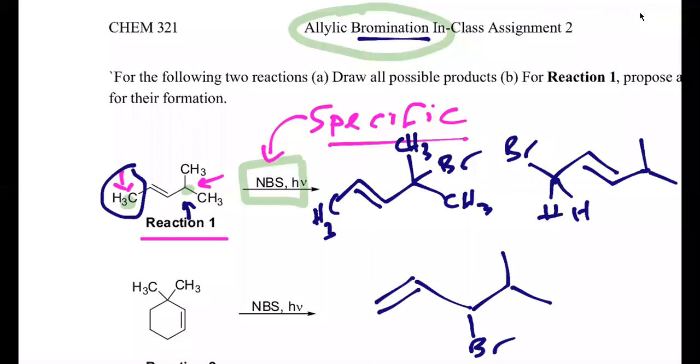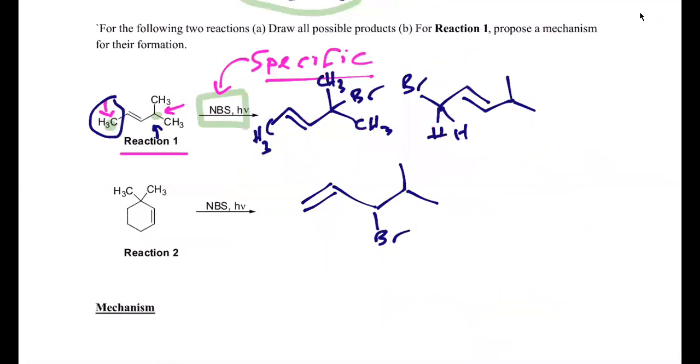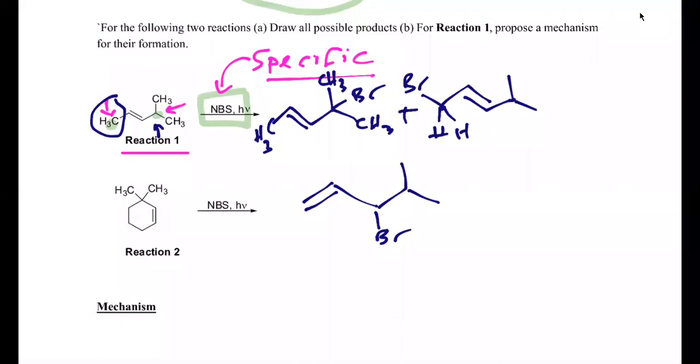Could you bring the picture down a little bit? Is that better? Can you see it now, all of them? Yes. So that's one. Don't panic. I know it looks weird, but I'm going to show you exactly where it comes from. I'm putting a plus sign here because all of these products are possible.